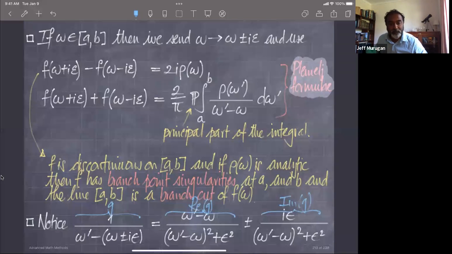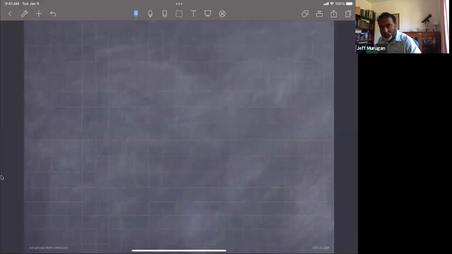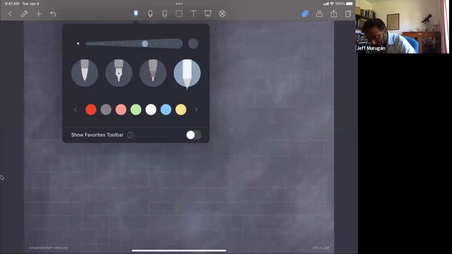Okay, and let's plot this and see what happens. So if I plot these two things together, let's make some axes.